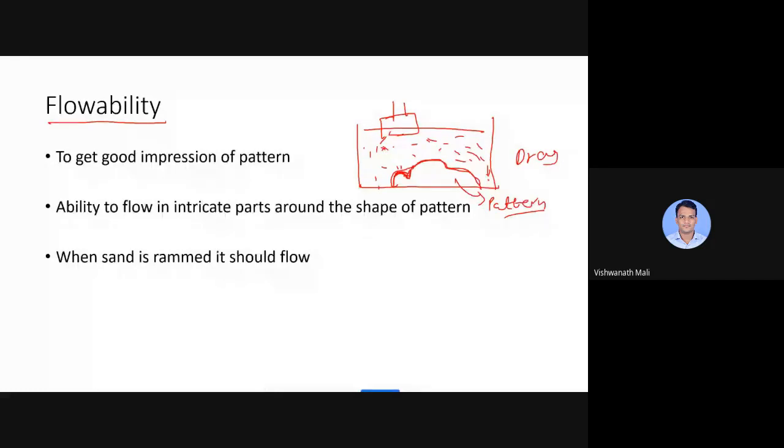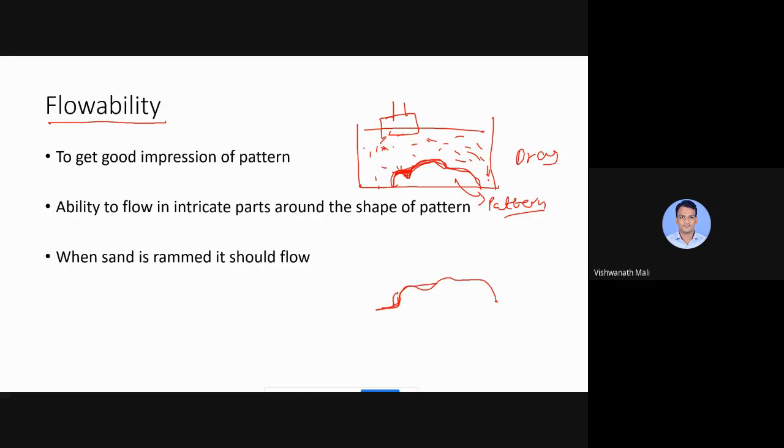It should go to each and every corner of this pattern, so that we get the exact shape of the pattern. Suppose the pattern shape is like this, so your sand should go to each and every corner.